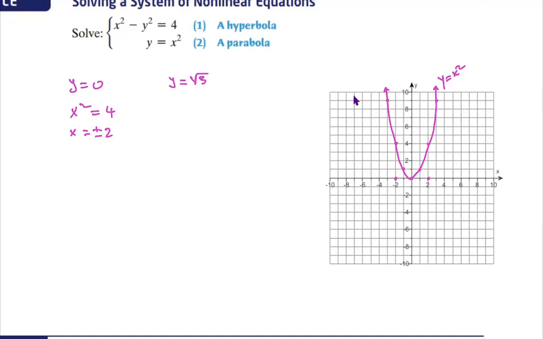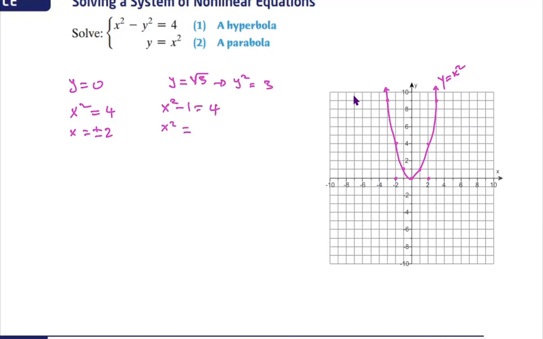We're going to start with plus square root of 3, and then negative square root of 3. So y squared will be just 3, right? Then when we plug in y squared, that's x squared minus 3 equals 4.